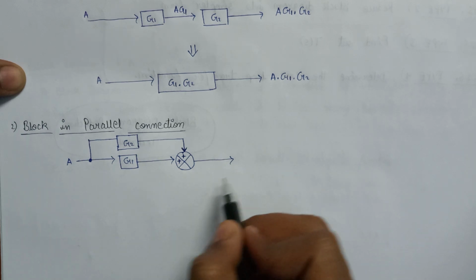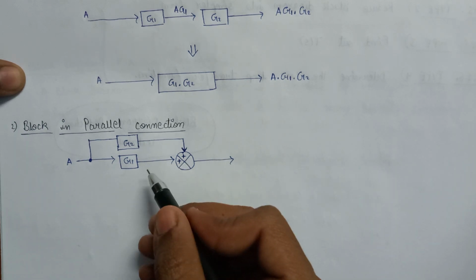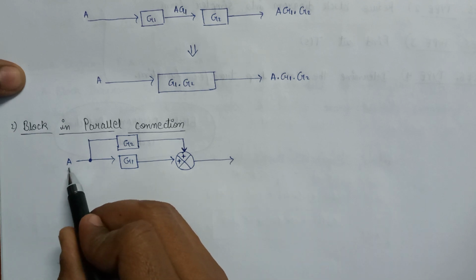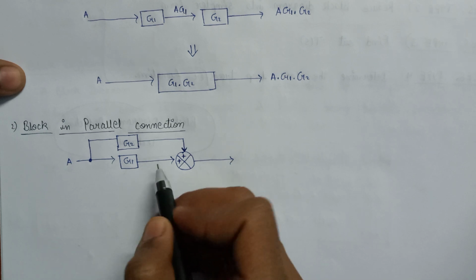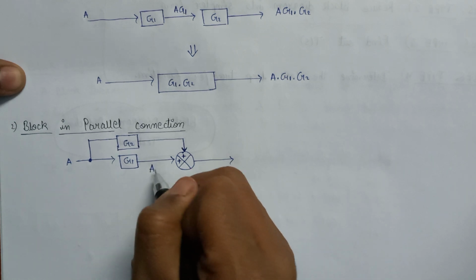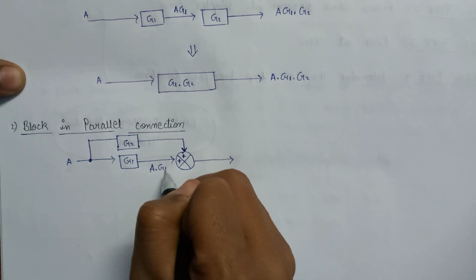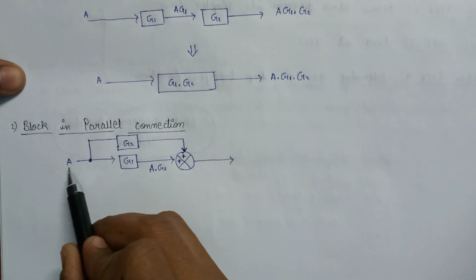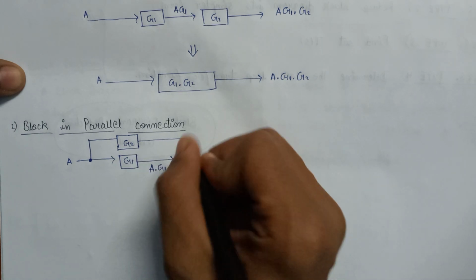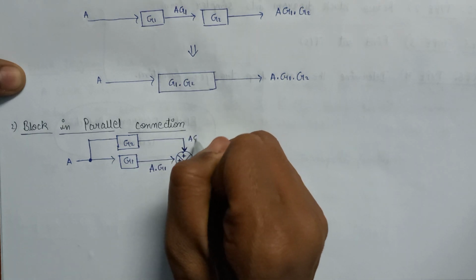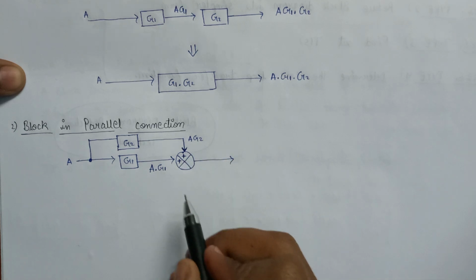So let's evaluate the output, what we will get after solving it. So here A is applied, and here the gain is G1. So the output here will become A into G1. Similarly, A is applied and the gain is G2. So here the output will become AG2.